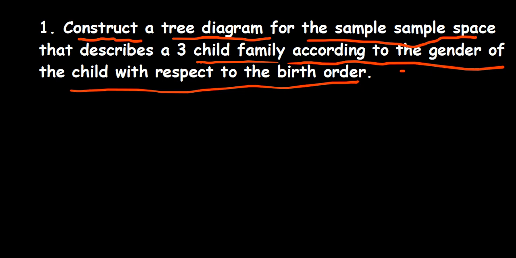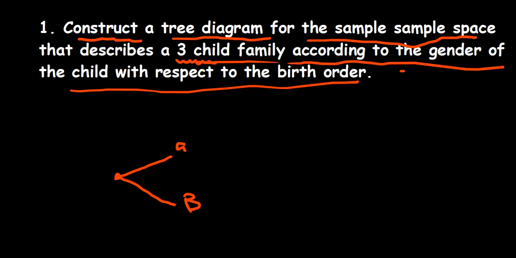So we know that if you want to have a child, it either means that you are going to have a child who is a boy, or you have a what, a girl. So according to gender, the child can either be a girl, or it can be a what, a boy. Here they are asking us to draw a tree diagram for a 3-child family.